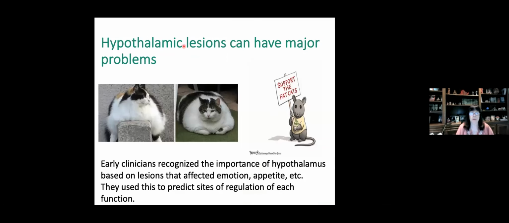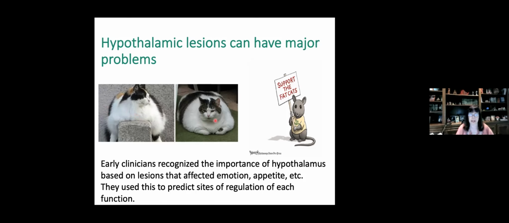So the hypothalamic lesions, because of the importance of the hypothalamus, can cause major problems. And this just shows you an example of one of them. If you don't control your appetite, you become obese. And these were signs that early clinicians would recognize the importance of the hypothalamus.